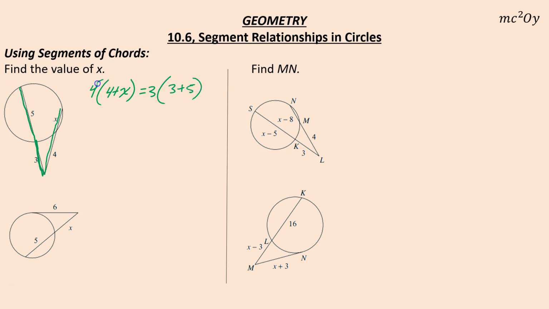Okay, well, got to distribute. 4 times 4 is 16 plus 4x. And then 3 times 8 is 24. Move the 16 over, you get 4x equals 8, so x equals 2.